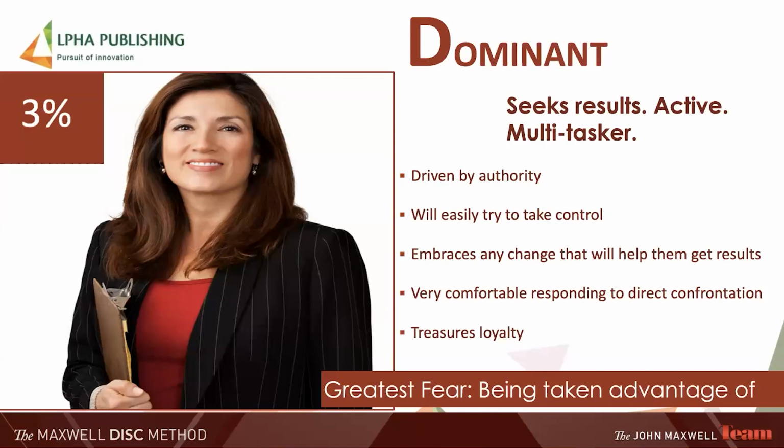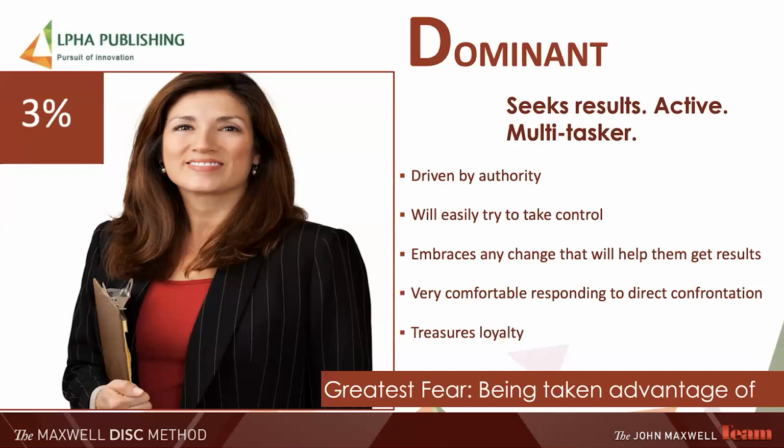What do they look like? They seek results. When they are going bowling or playing basketball, they don't do it just for the fun of it. They don't go to the gym just for the fun of it. They go to see results. They're the ones who are writing down results. They want to see things done. They love to be in authority. They will easily try to take control.